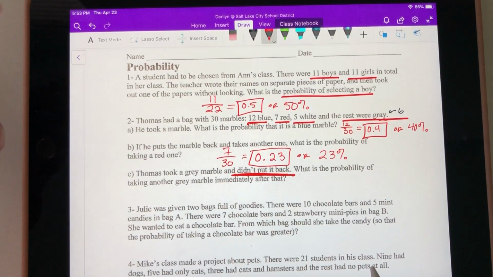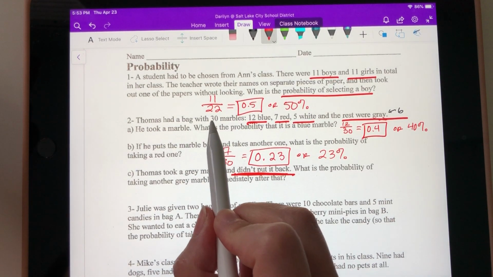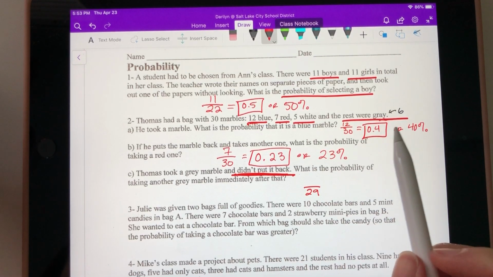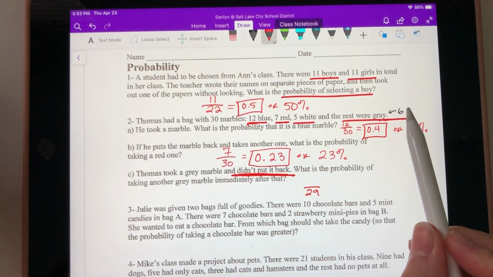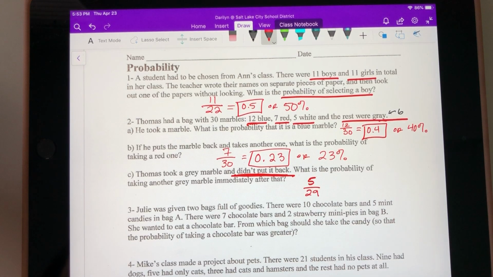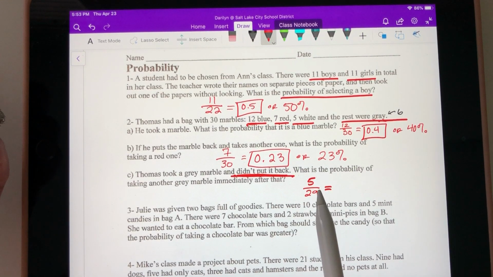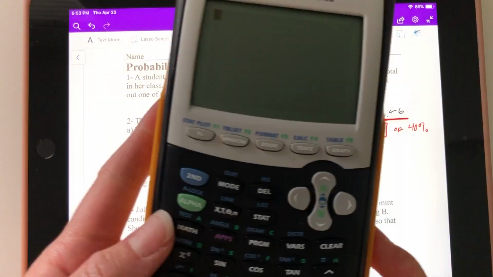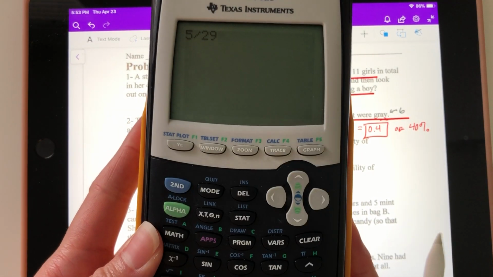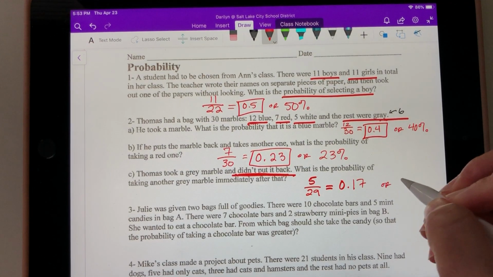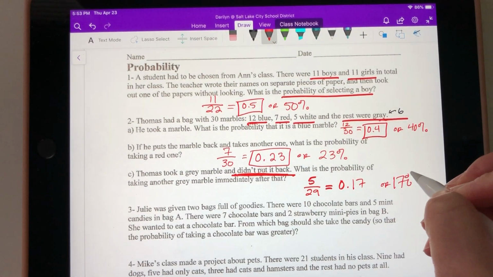Well, he already took a gray one out of the mix, which means instead of 30 marbles, there's now only 29. And instead of 6 gray, he's already taken one out, so there's only 5. So the probability of getting that second gray marble is going to be 5 out of 29. So 5 divided by 29 equals 0.17, or you could say 17%.